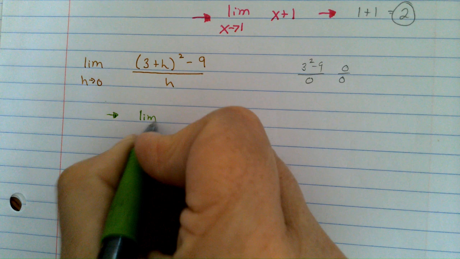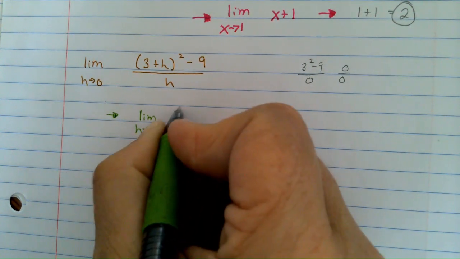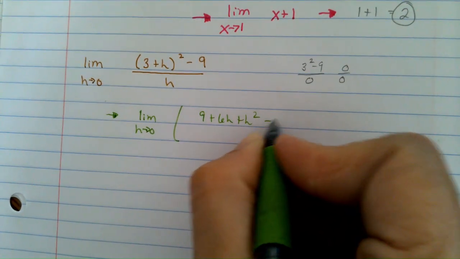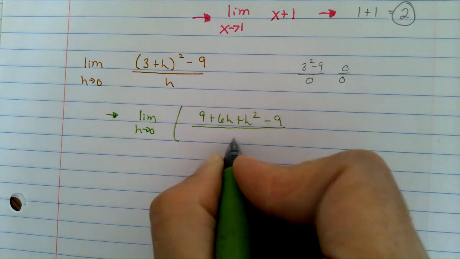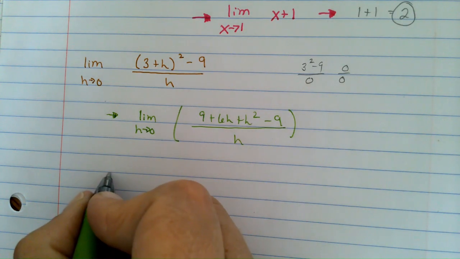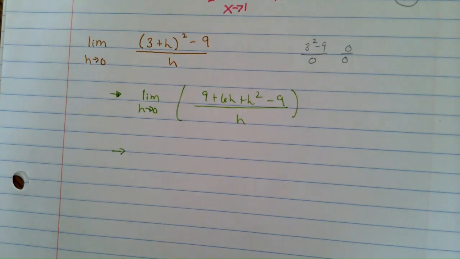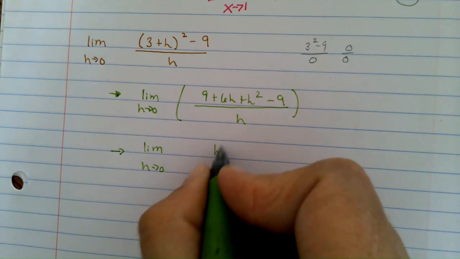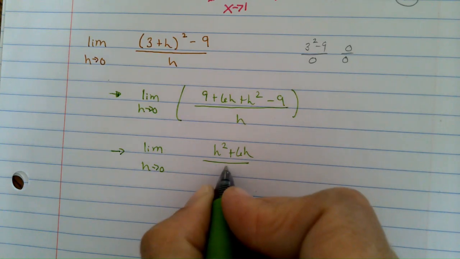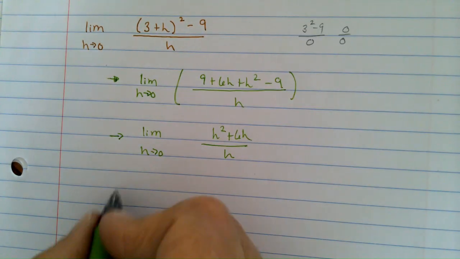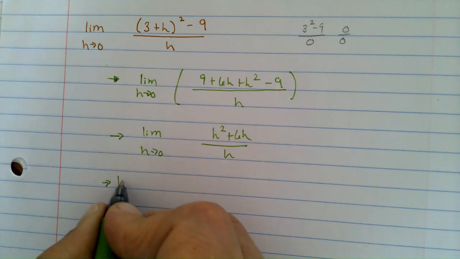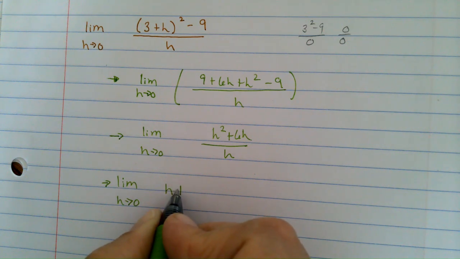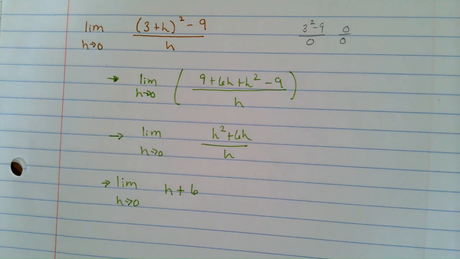So we'll have the limit as h approaches 0 of 9 plus 6h plus h squared minus 9 all over h, which would therefore become the limit as h approaches 0 of h squared plus 6h all over h, which is the limit, oops, I forgot my arrow, as h approaches 0 of h plus 6, right?